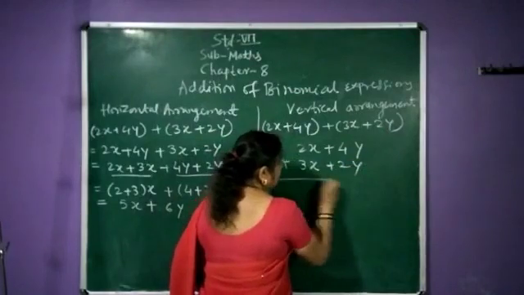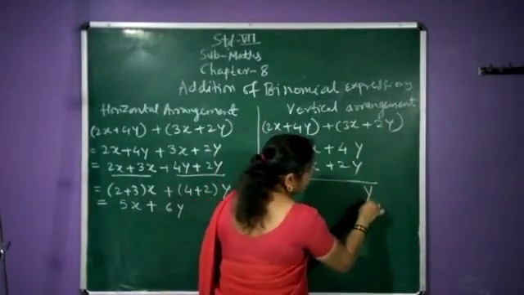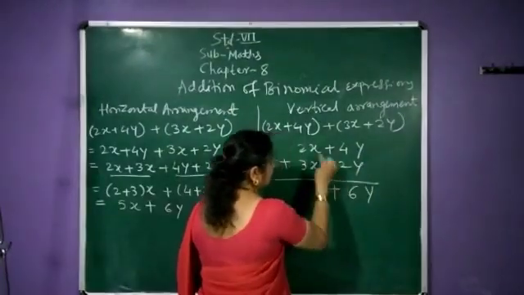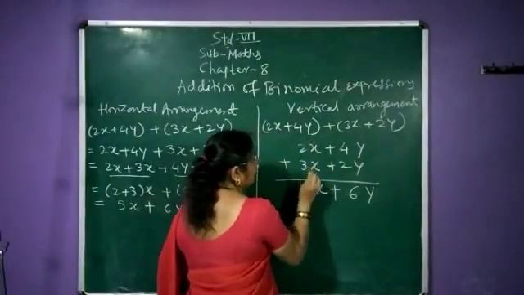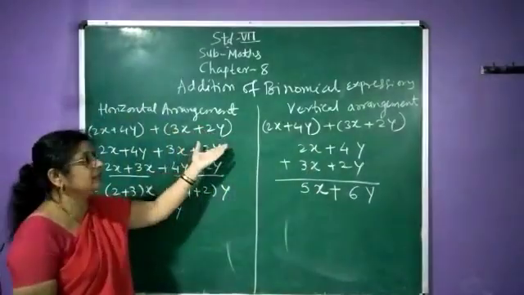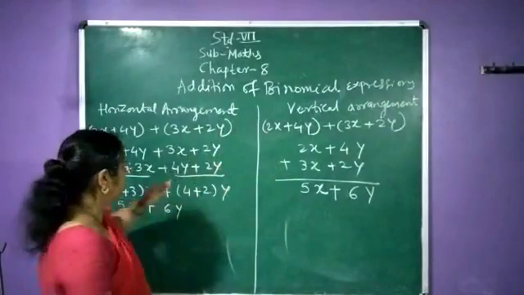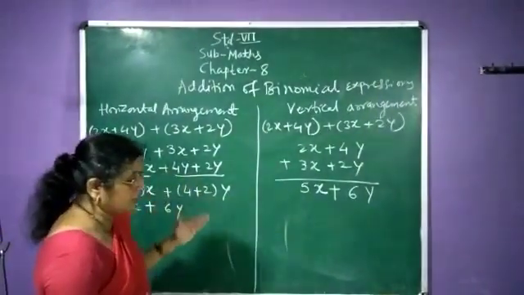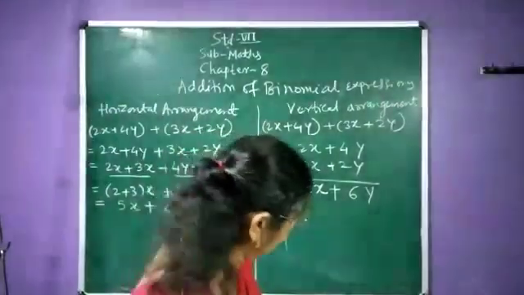Y I will write as it is: 4 plus 2 is 6. X: 2 plus 3 is 5. So even if you do by horizontal arrangement or by vertical arrangement, your answer remains the same. Have you understood? This is one example.